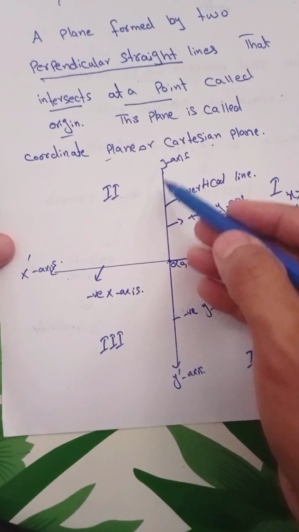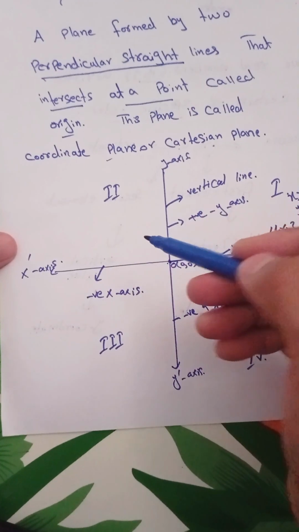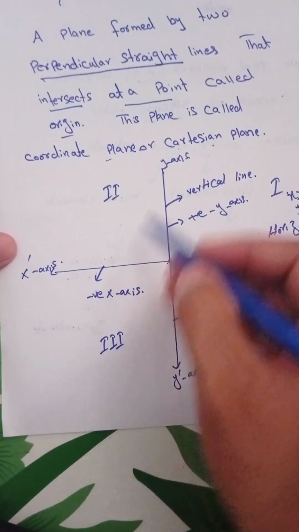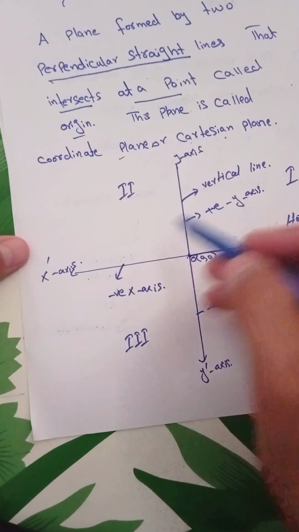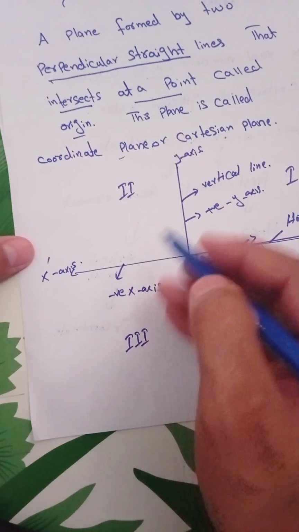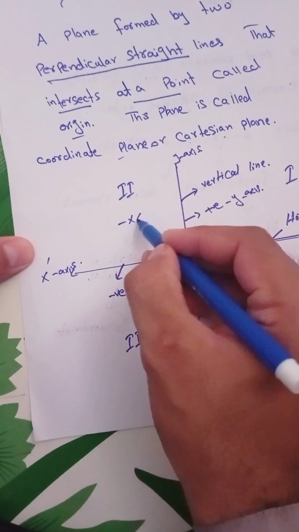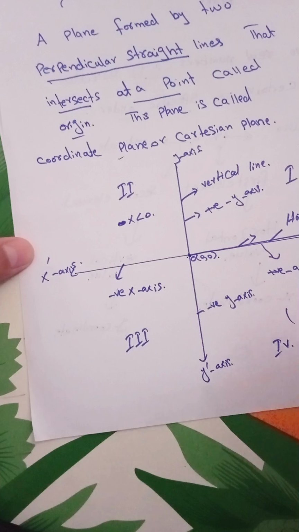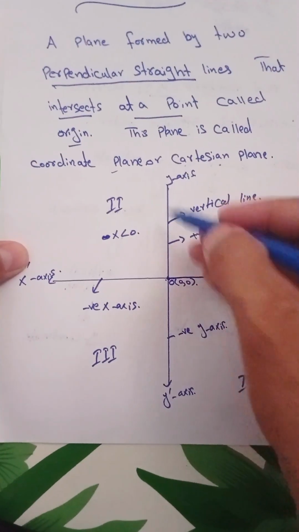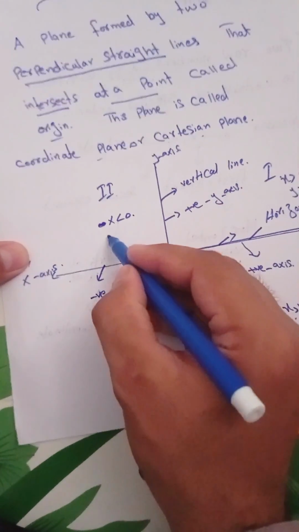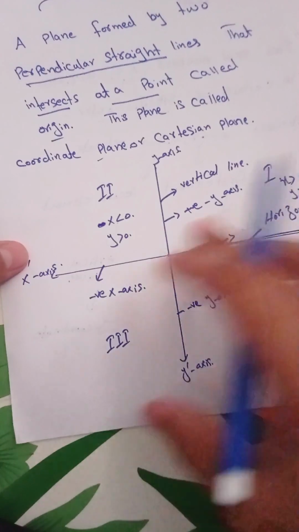Similarly, in the second quadrant we have two axes: the negative x-axis and the positive y-axis. On the negative x-axis we have negative x values, so x is less than 0, and on the positive y-axis we have positive values of y, so y is greater than 0 in this quadrant.